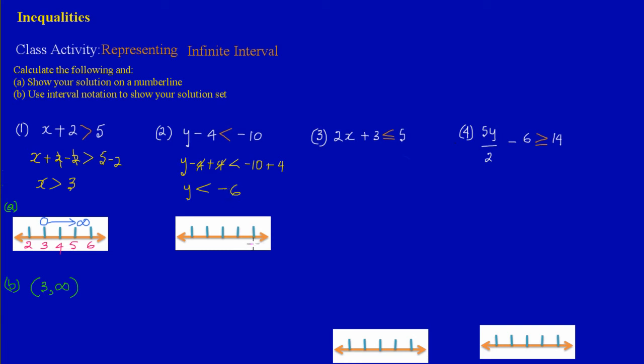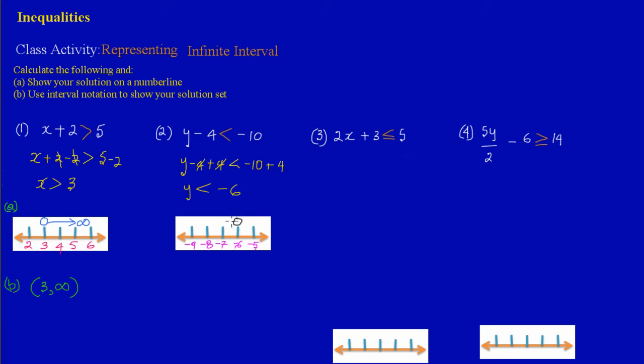So let me put a negative 5 here, then I can have a negative 6 there, then a negative 7, negative 8, negative 9. However, y must be less than negative 6. So this would indicate that my boundary is negative 6 and I'm going less than negative 6.